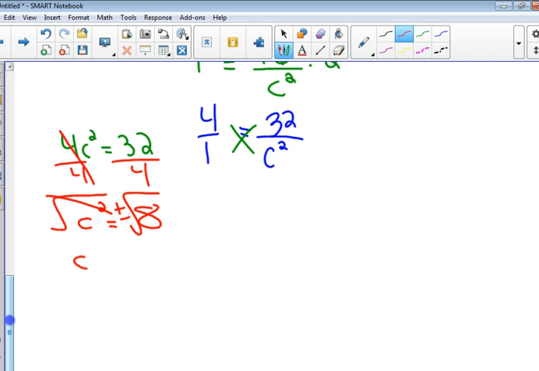Like if it was c to the third, you just cube root it through. If it's a fifth root, you just take the fifth root. But if it was a fourth root, you still have your plus or minus. I can explain this in a second.